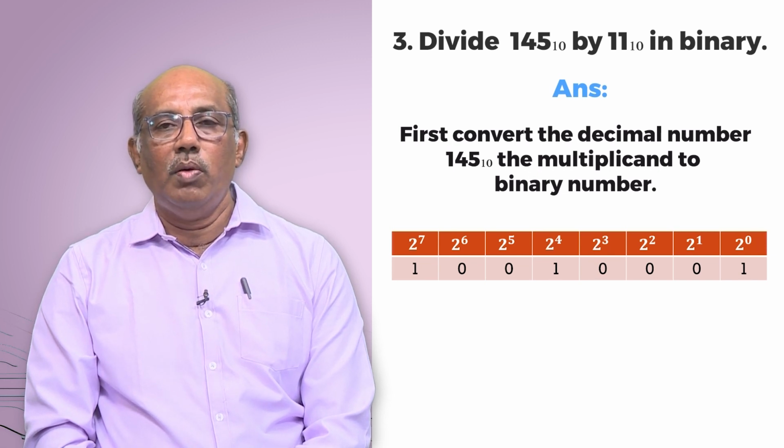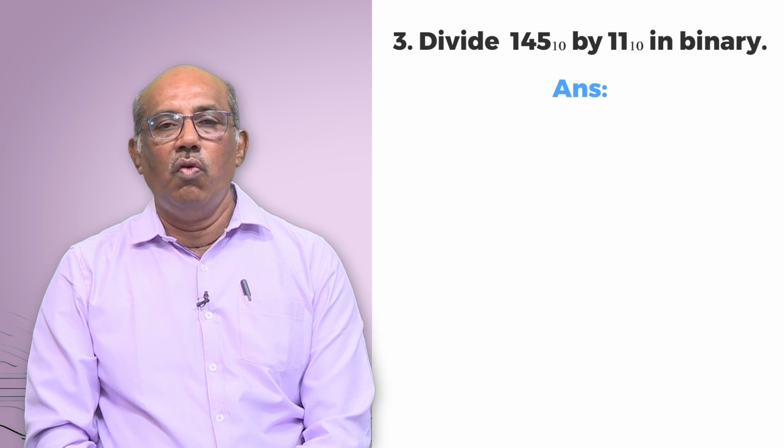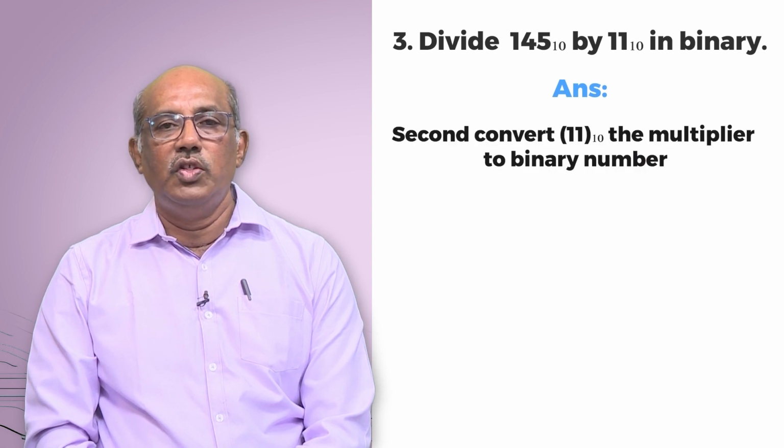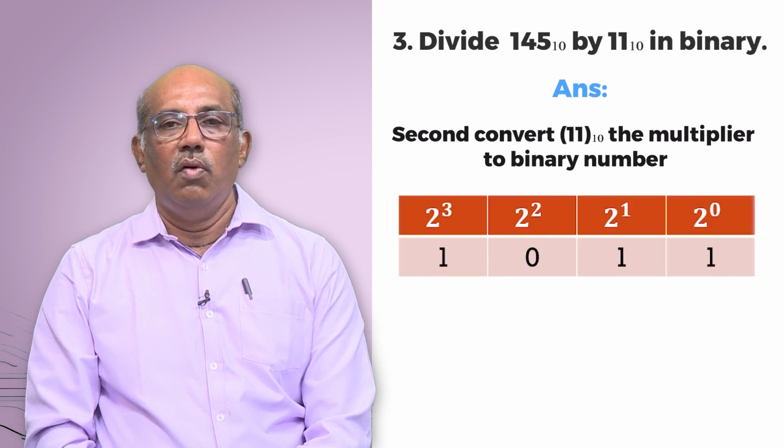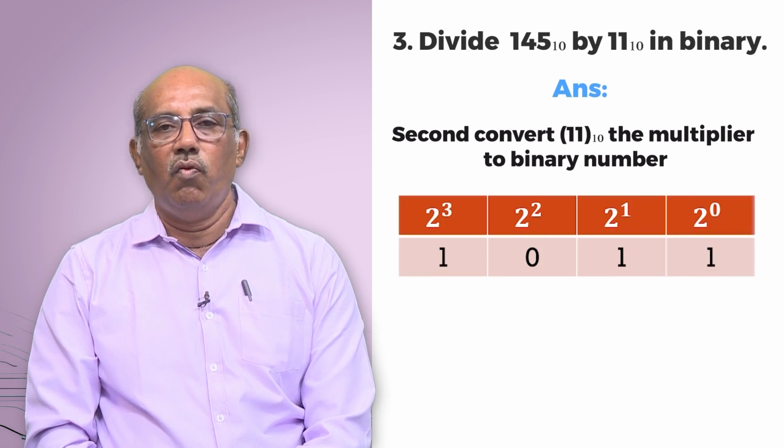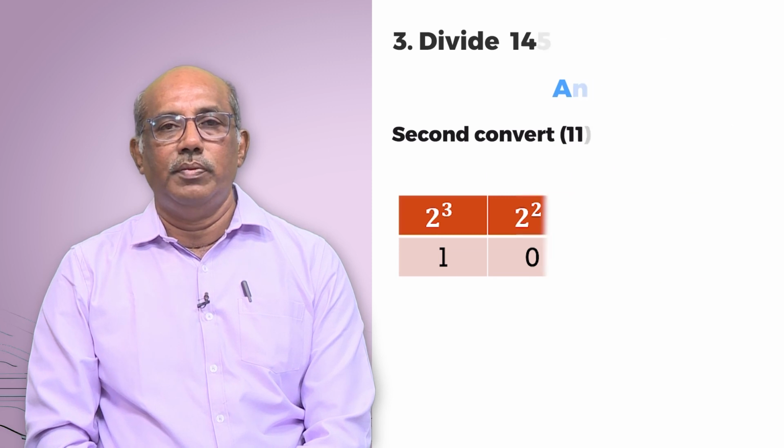Now, put one more bit value 1 in the 1's position, that is 2 raised to 0. So, the final conversion of the decimal number 145 to binary is 10010001. Similarly, you go for the conversion of the decimal number 11 to binary, which you get as 1011. Follow the same procedure.